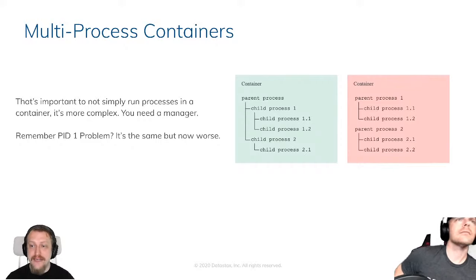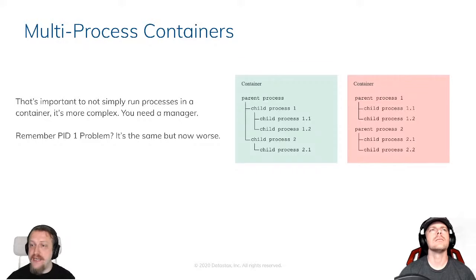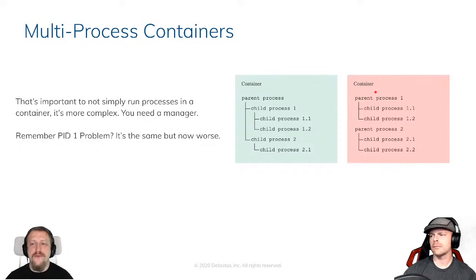On the right side, you see a bad example. We have 2 processes running in parallel, let's say Nginx with children and FPM with children, and they are not managed anyhow. And if one quits, let's say FPM is dead here, what will happen? Nginx is running. Is this container useful anymore?